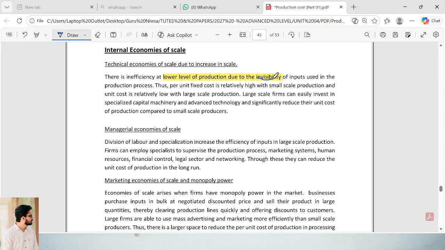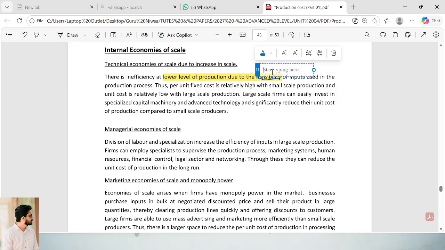Indivisible, right, of inputs used in the production process. Thus, per cap.